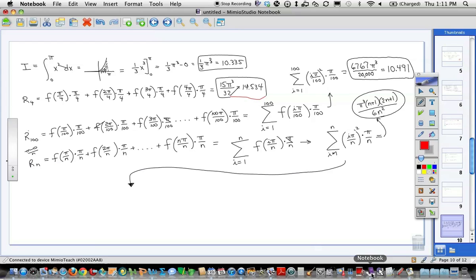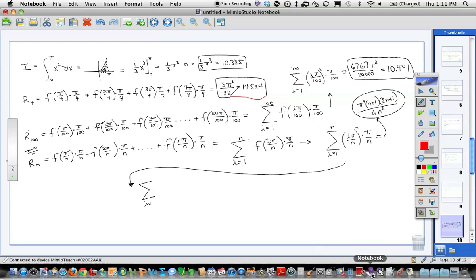Now, that's with the calculator. Now I'm saying we could do this by hand. Okay? And here's what we're going to need to do it by hand. First, I'm going to do some algebra to this. I'm going to go ahead and square this, right? So I get i squared pi squared over n squared times pi over n. What would I have on top? I'd have i squared pi squared times pi. Let's write that down.